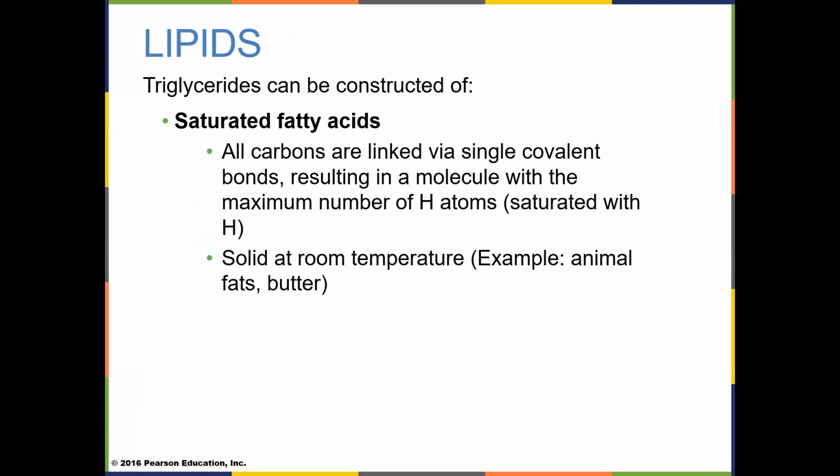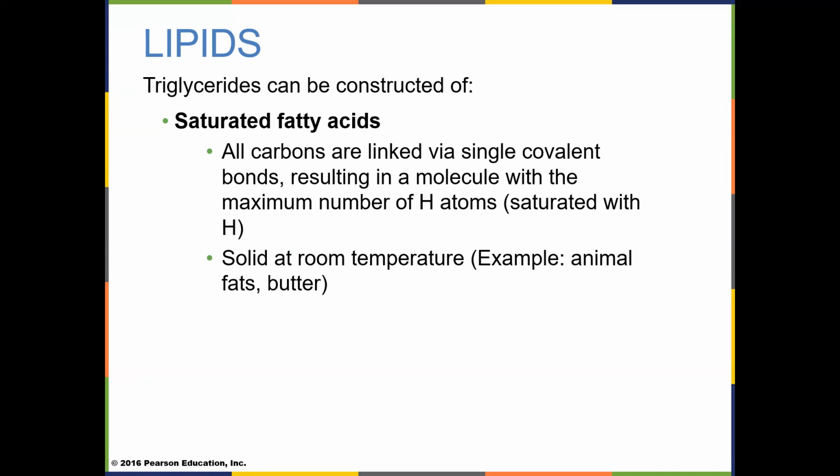Now, if you are a lipid, you can be a saturated fatty acid. If you are a neutral fat, a triglyceride, you can be saturated. That means that all the carbon atoms are linked together with single covalent bonds to all the other carbon atoms and the hydrogens. So every space that can have a hydrogen atom has one.